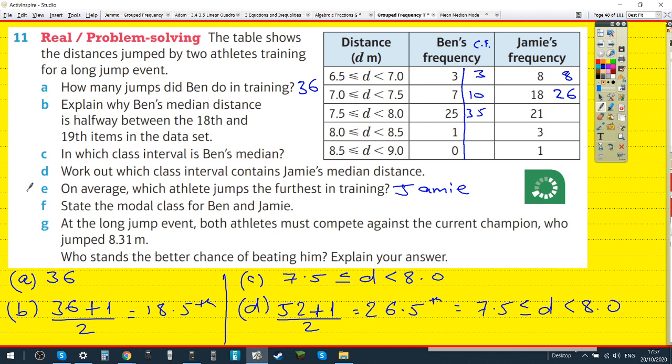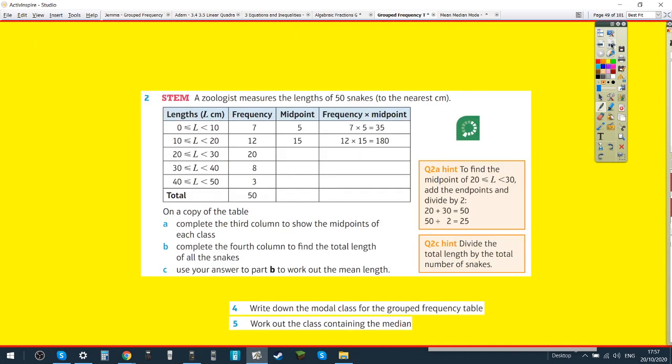Huh? What does that mean? The mode. Oh, just both of them, right? So 7.5 to 8.0. Yeah, I think that's the same for both of them. That's good. Let's see this one. That one we did. The median we could do.